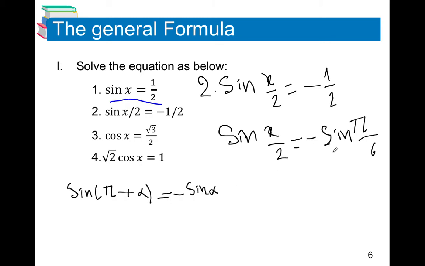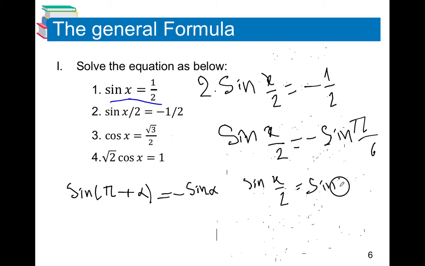So following this formula, I can write sin x over 2 equal sin of pi plus pi over 6. Understand?